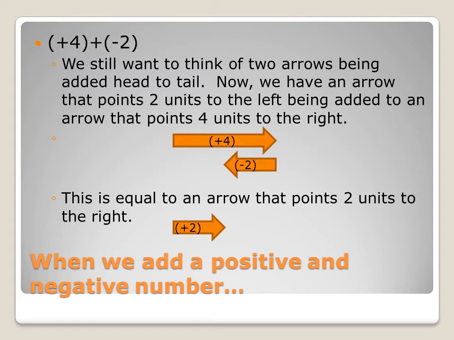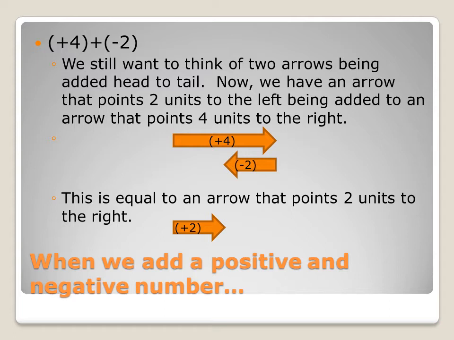Okay, so now let's look at positive 4 plus negative 2. We still want to think of two arrows being added head to tail. What makes this more complicated than our first question is that the second arrow moves us in the opposite direction. So the first arrow moves us 4 units to the right, and the next arrow moves us 2 units to the left.